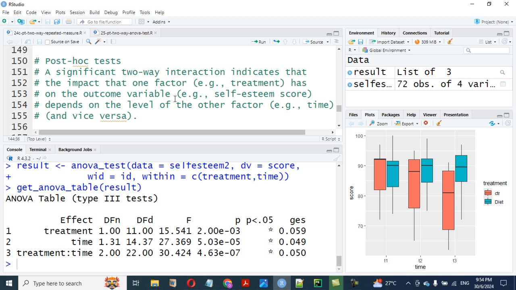You are not trying to look at the effect, so just leave the effect alone, right? But you can look at which one is contributing to this thing.